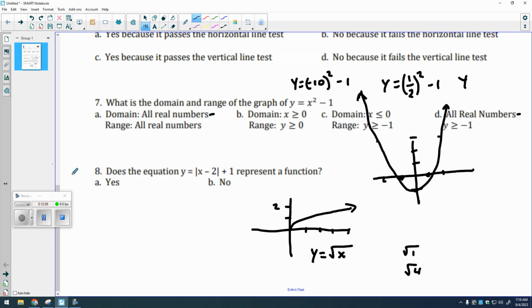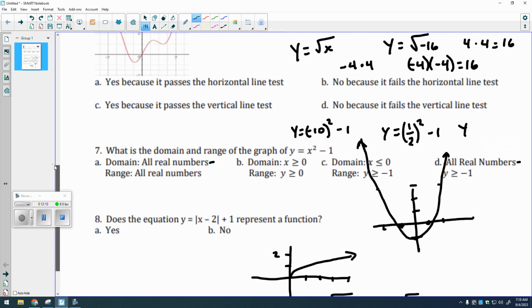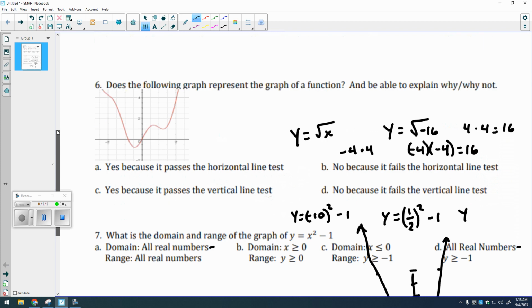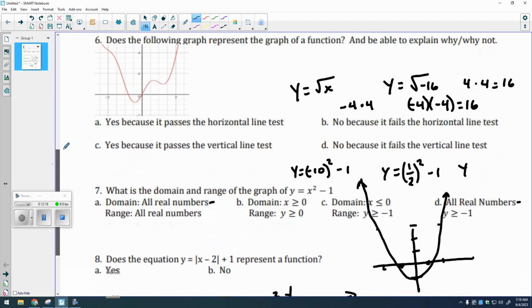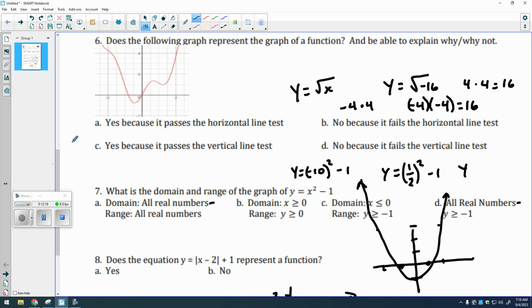I'm going to stick with domain for just a second longer. Let's cruise up here to question 5. Now, I chose my words carefully when I described the domain here. Since this graph is continuous, meaning it's solid, I don't lift my pencil, there's no gaps in my graph.